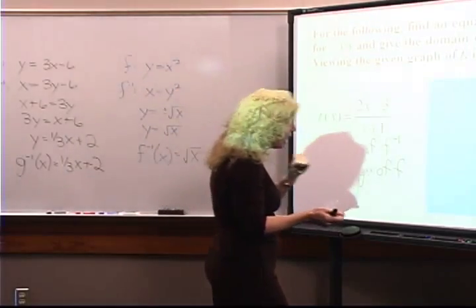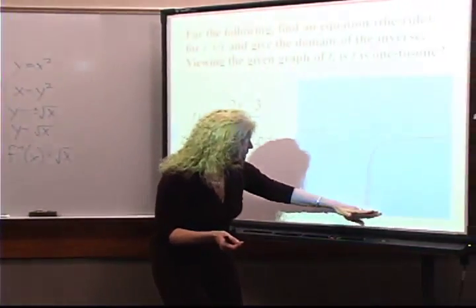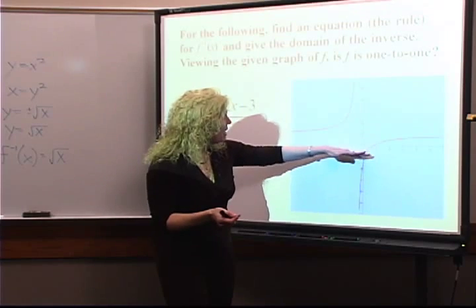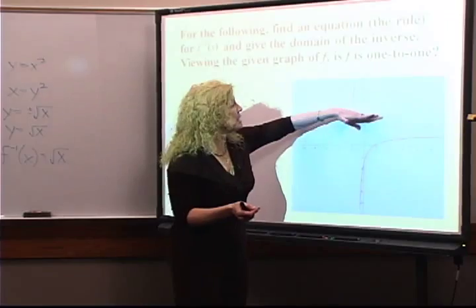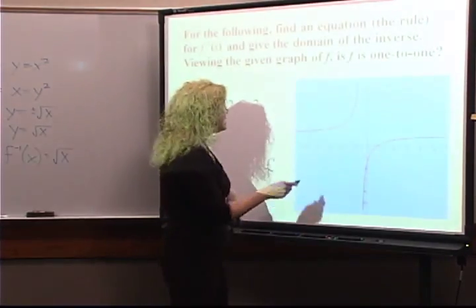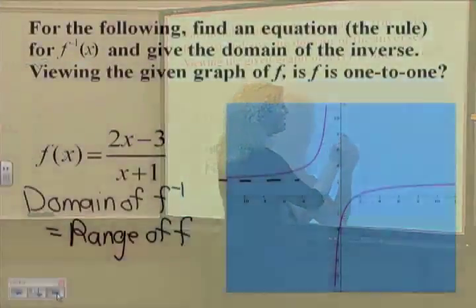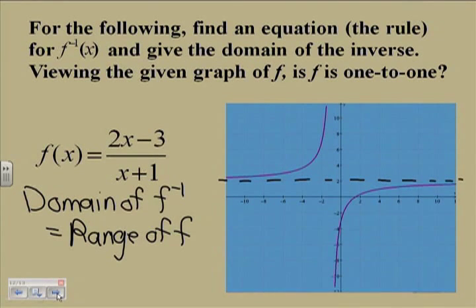So as you look at this graph, you can see that I'm hitting all values. Now, you might be confused right around in here, but then I'm hitting all values again. As it turns out, we have what's called a horizontal asymptote running through there. I know, we'll talk about those later. We never hit 2.